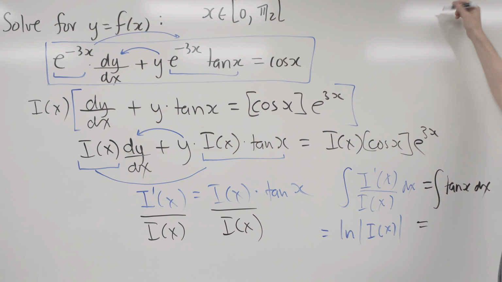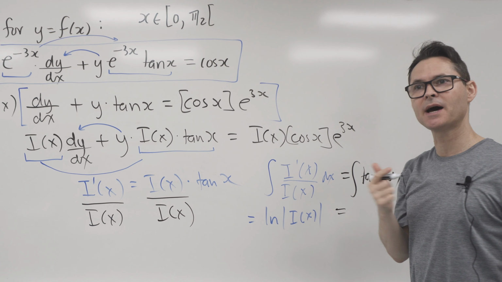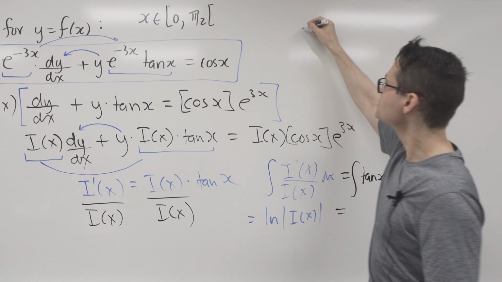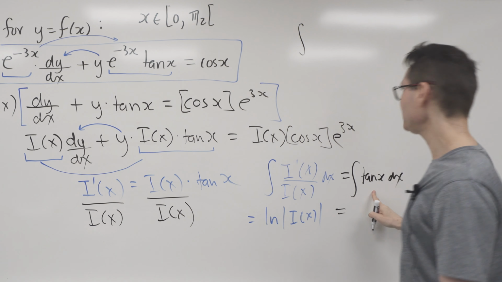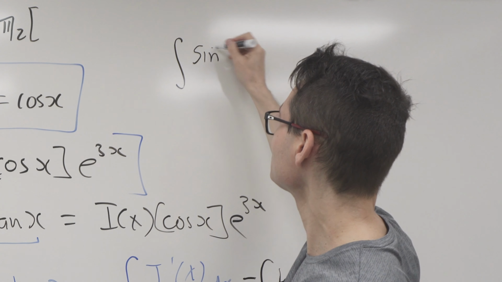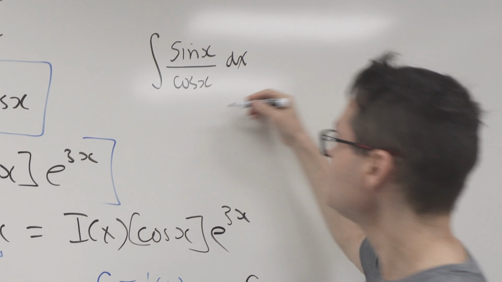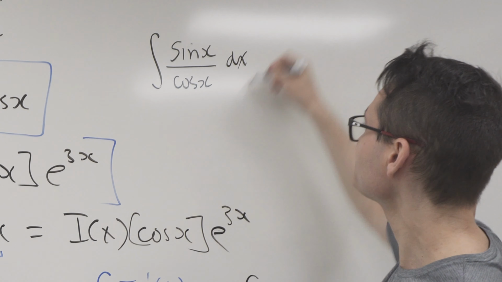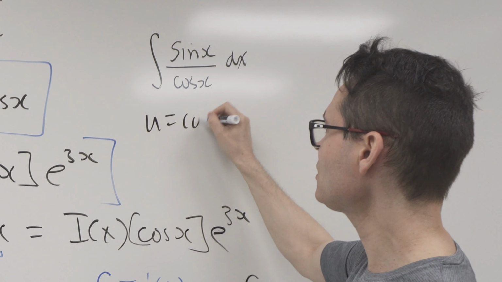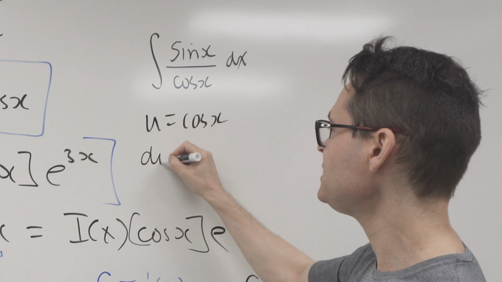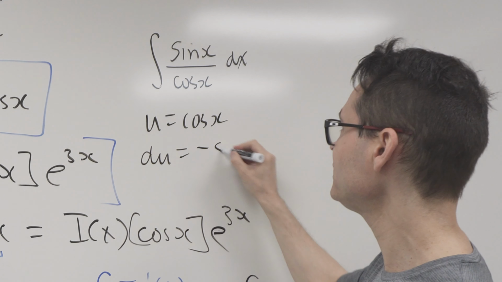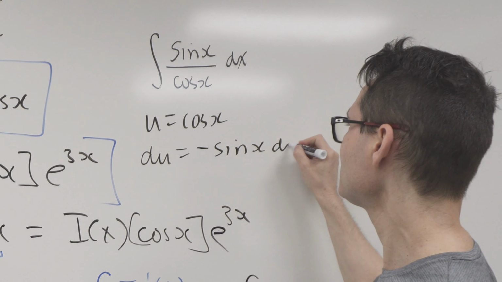If you don't know it, you could use a u substitution. So I could integrate tan x, which is sine x over cos x dx. You could let u be cos x. So du is equal to negative sine x dx.